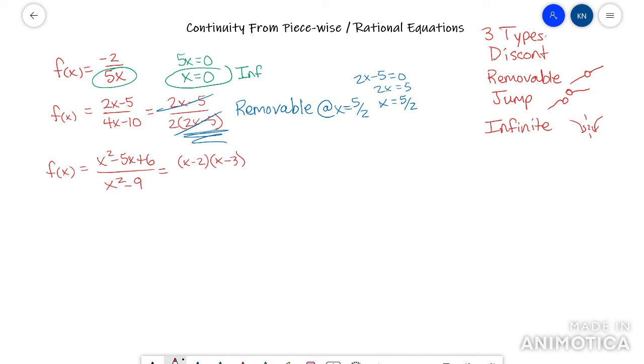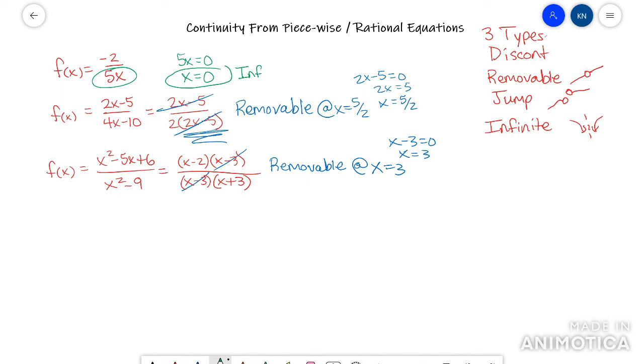And then on the bottom, it's x minus 3, x plus 3. So the first thing I see is I've got x minus 3's that cancel. That's going to be a removable. And remember, you're supposed to set it equal to 0. So this one's going to be a removable at x equals 3.